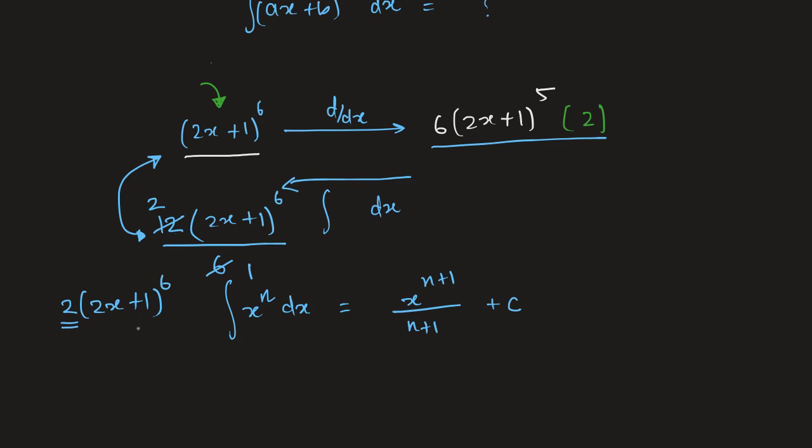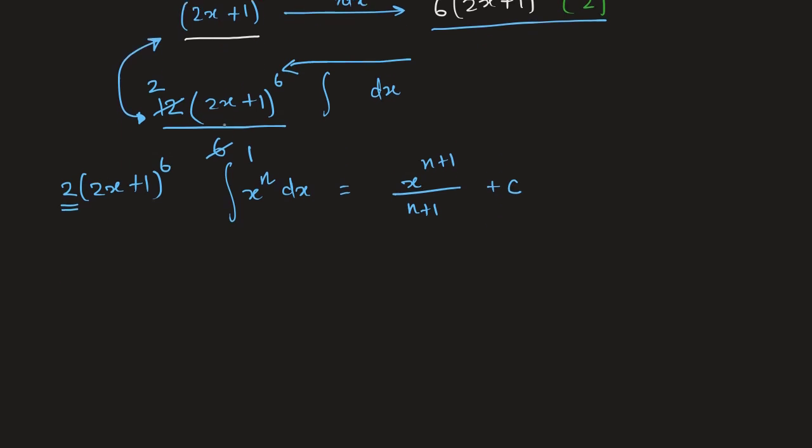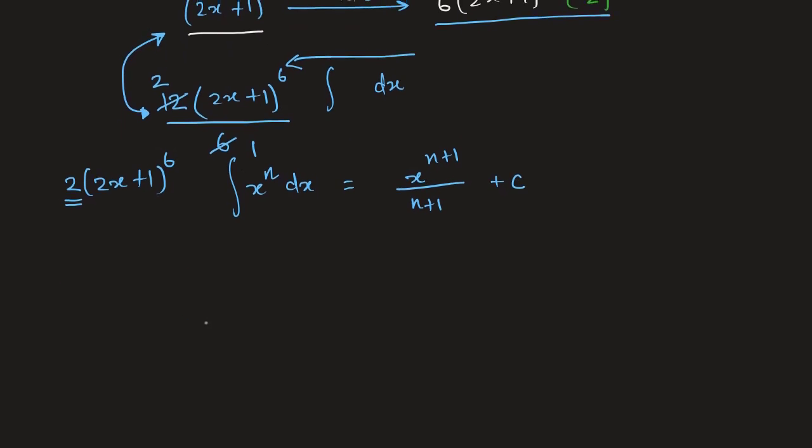Now why are we getting this extra 2? We should get the original function when integrating, because when we differentiated the function, this is what we got. What was the first step we did?